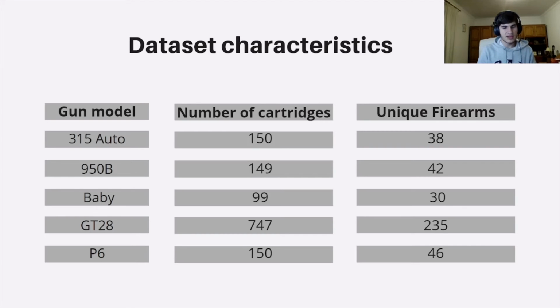Between these 3 sets there cannot be repeated unique firearms, because if that were to happen, it's likely that the network would be learning the unique firearm characteristics instead of the gun model characteristics, and it wouldn't be able to generalize to other models.